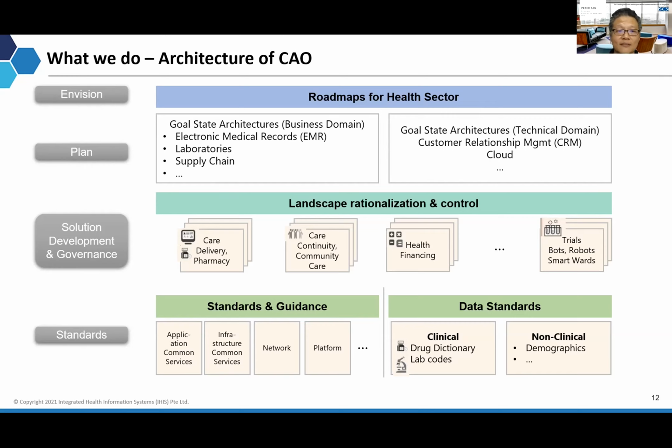Some of the more technical ones you see on the left, for example application common services, network related standards, platform standards, the typical IT standards that you will find in any architecture shop or any IT shop for that matter. And we also have this very specialized area for data standards. We cover both clinical stuff, that is healthcare related special areas, as well as non-clinical stuff, such as demographics: name, address, phone number, that sort of thing.